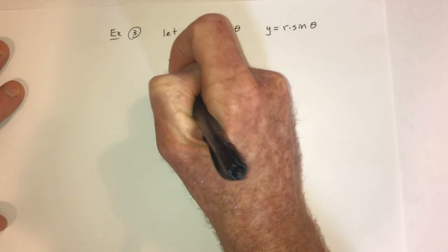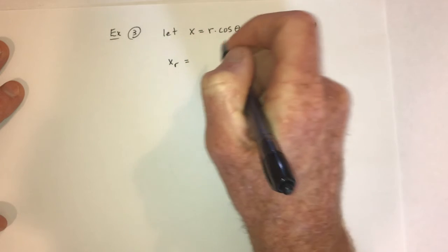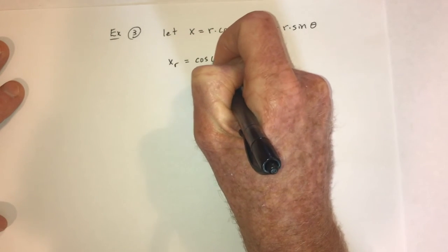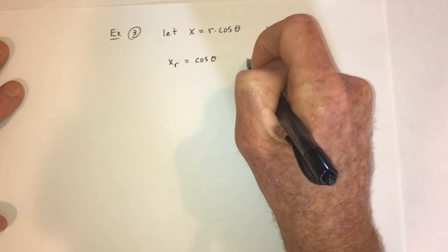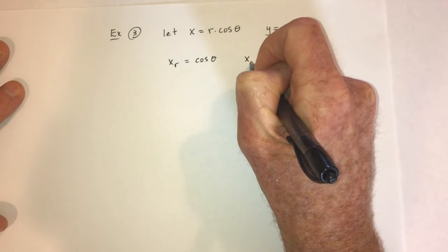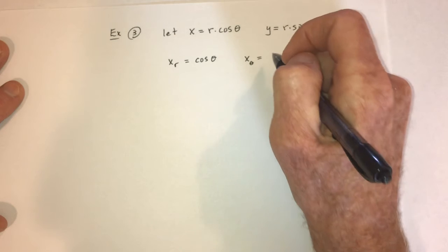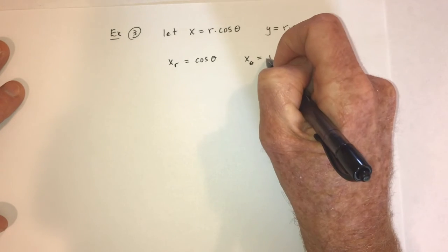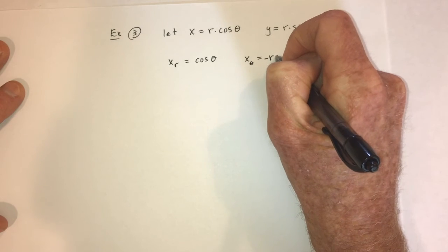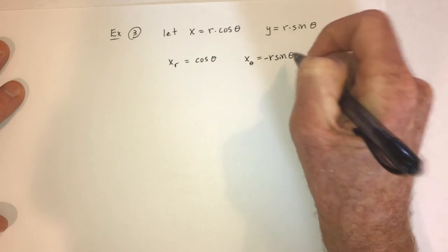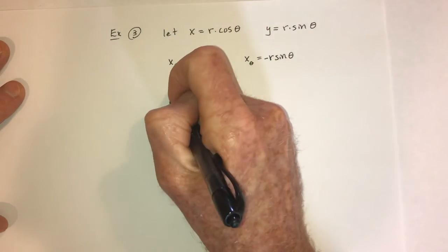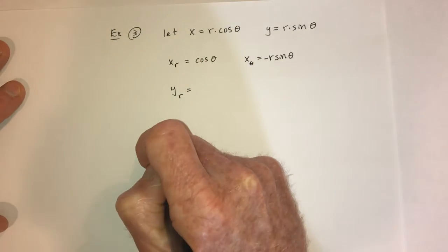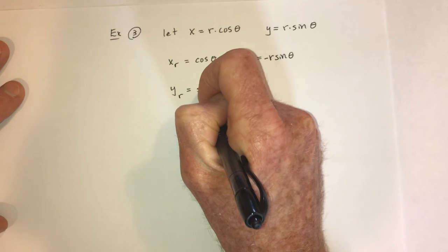So take the derivative with respect to r, and then that's going to be just cosine theta. And then take the derivative with respect to theta, working on the x, and the derivative of cosine is negative, so negative r sine of theta. Now for the y function, take the derivative with respect to r, and that will equal just sine of theta.